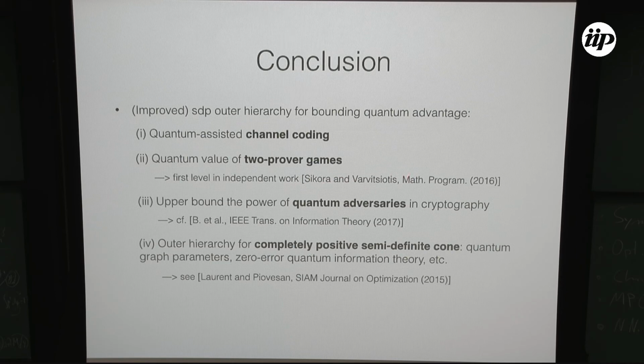These authors in 2016 also independently derived the first level relaxation in their work. But we can look at more problems even. One problem we have been interested in for a long time, and which is still pretty much unsolved, is in cryptography: you can ask how much more powerful quantum adversaries are compared to classical adversaries.